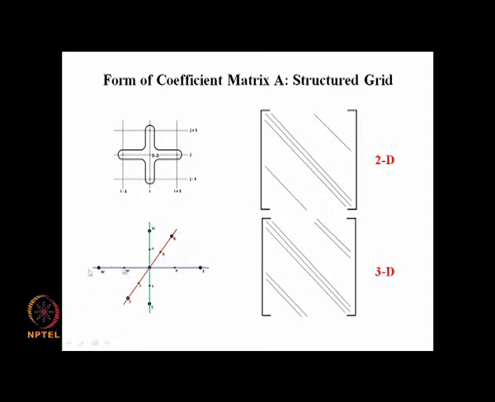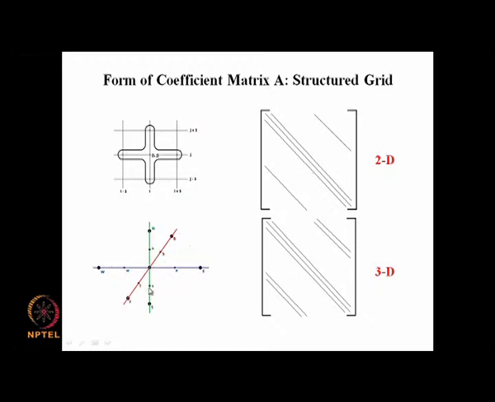In the case of 3D where you are looking at a point here and you have an east neighbor capital E, west neighbor capital W, north neighbor capital N, south neighbor capital S, a back neighbor capital B and a front neighbor capital F. You can make up a control volume around this which extends half grid distance in each direction, so that you have a north face here, east face here, south face, west face, front face and back face. Okay.